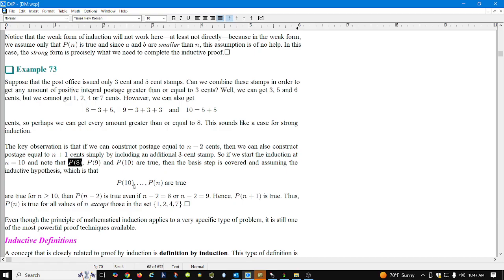If n is 11, n minus 2 is 9, but we've also got that covered. Once n reaches 12, subtracting 2 will still leave it in this range, so it's part of the inductive hypothesis. So we got those two exceptions where n minus 2 falls out of the range from 10 to n, but we've got those two covered.